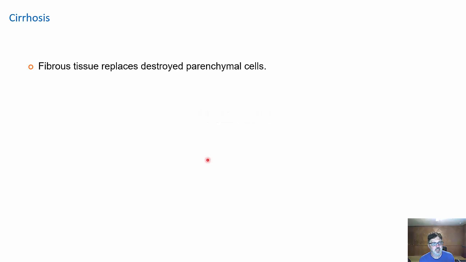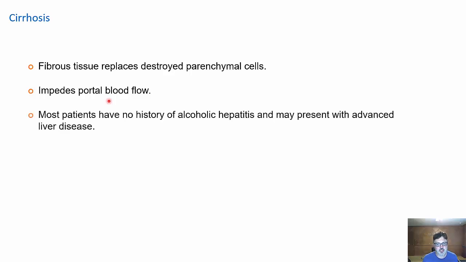And of course, just one last note with some diseases. We've already talked about most diseases, so the only one I'll add on here is cirrhosis. What happens with cirrhosis is that you get fibrous tissue replacing the damaged parenchymal cells. So your hepatocytes get damaged, they get destroyed, they get replaced with this connective tissue. And one of the big things that this will do, of course, is impede portal blood flow, resulting in things like portal hypertension.